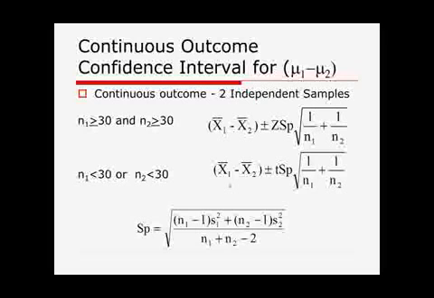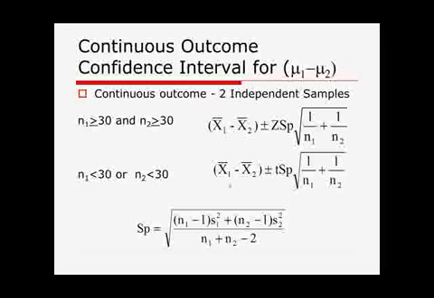We have two samples, and we have to bring together all the information from each of those samples. But the terminology is still everything to the right of the plus minus is margin of error. You have a Z or a T score to represent your confidence level, like 1.96 for 95%, and then all the rest of it is standard error.